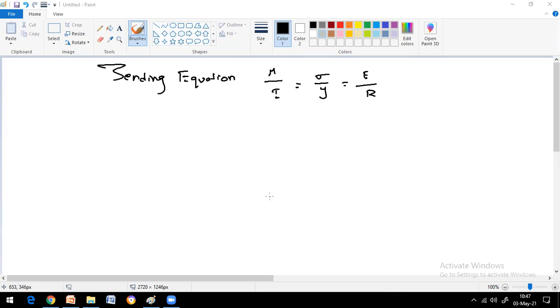Based on the cross section of the beam, we can make use of that particular formula for solving the problems. First, let me write for a rectangular section.